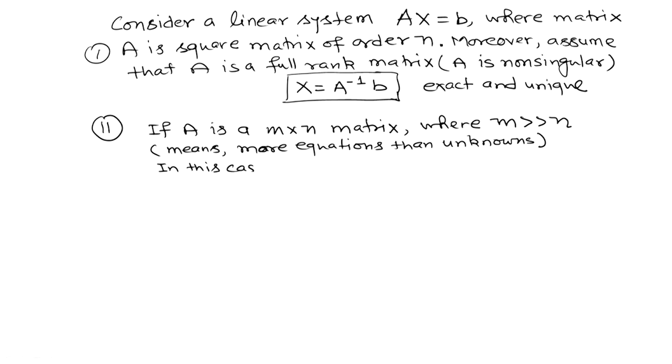In this case the system is an overdetermined linear system. Overdetermined means you have more equations than unknowns.